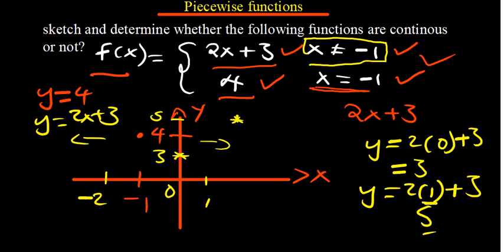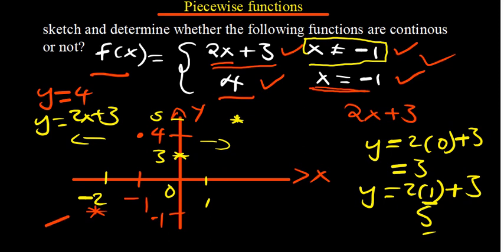So if you plug in -2 in that function, 2 times -2 is going to be -4, plus 3 is going to give us -1. So somewhere there, -1.